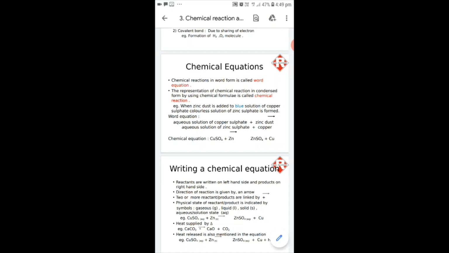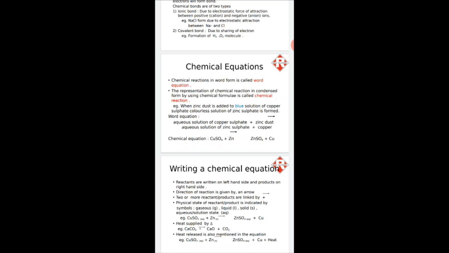Here is an example. When zinc dust is added to the blue solution of copper sulfate, a colorless solution of zinc sulfate is formed. Due to this, the reaction takes place, a colorless solution of zinc sulfate is formed, and copper is formed.